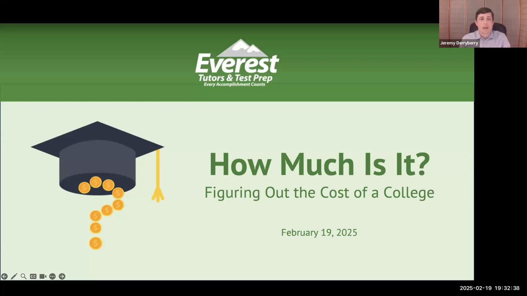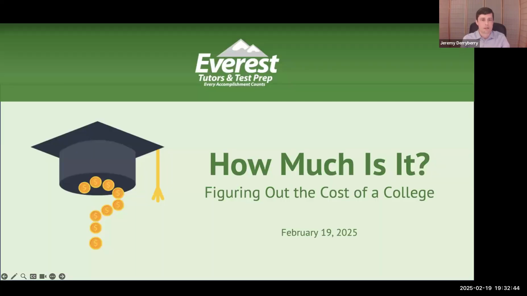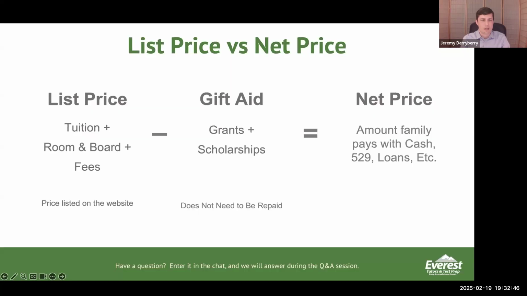I'll get started. So the first thing that we like to do when we talk about colleges is, how do you figure out what is the price you're actually going to be paying? Now, what you're going to see when you look at a college's website is the list price.